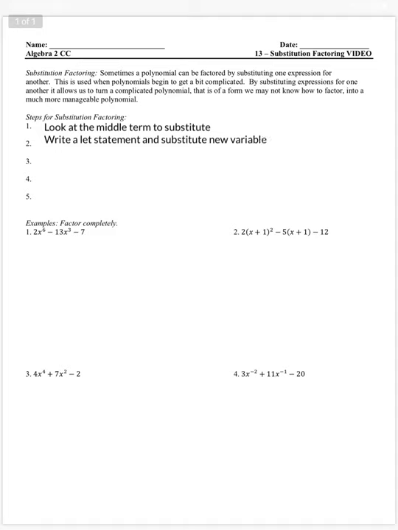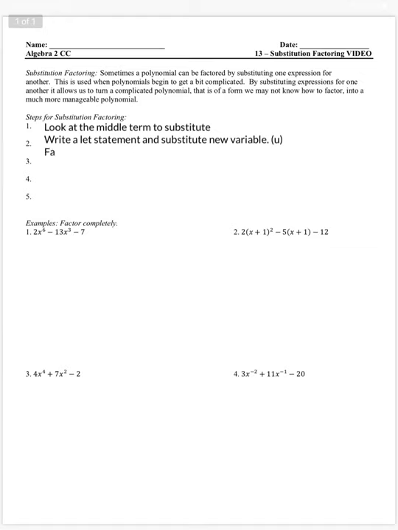If you're substituting something with x's, don't write let x equals. You have to change the variable. That's why I typically use u. Most of the time you will use u. If you go up into calculus, they have something called u substitution. But typically you're going to see u being substituted in for that expression.